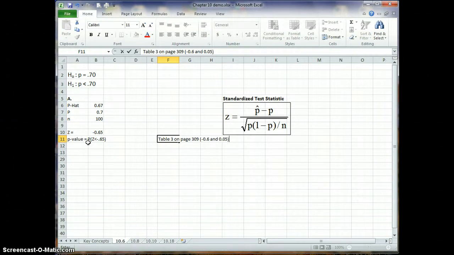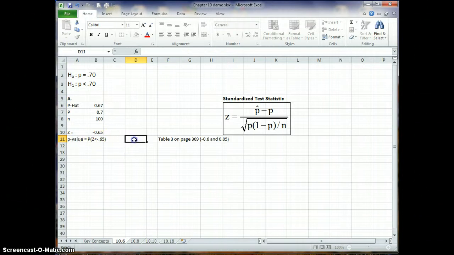And if we look at that on page 309, at the 0.0 mark by 0.6 is 0.2743, but if we go over to 0.5, we come up with 0.2578.